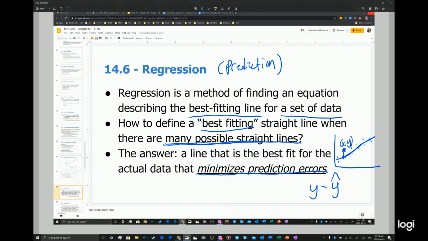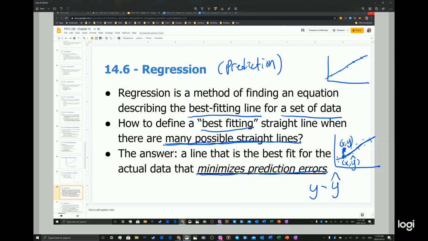So we have, let's say here is the actual value, and then here is the regression. This is your y hat. We want these distances to be as small as possible. The perfect regression line would have all the points lined up, and you just draw a line right through those dots, literally.